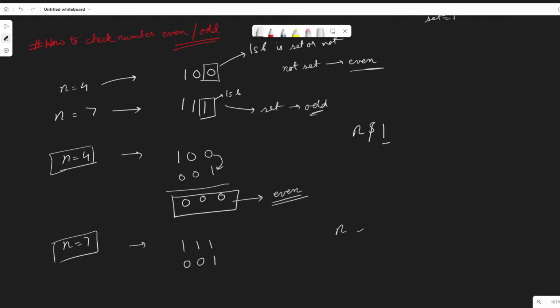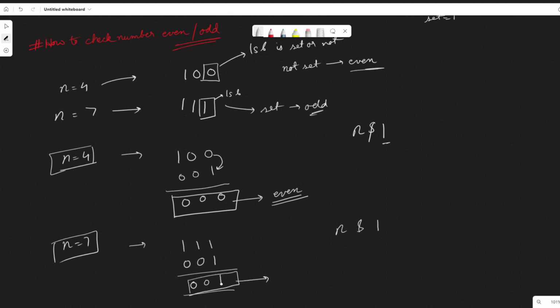Let me redraw it. Then if we perform AND operation between these, 1 and 1 gives 1. Then this will give 0. Then this will give 0. So in the AND operation, there is only one case where it gives 1, when both bits are set.